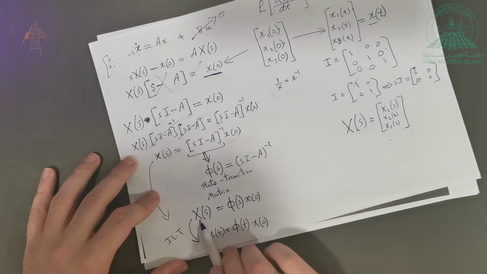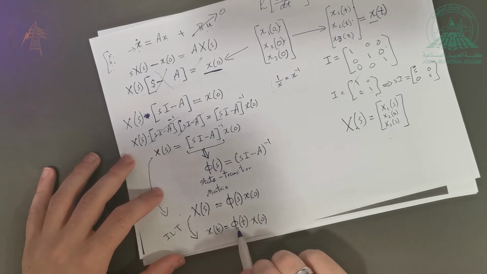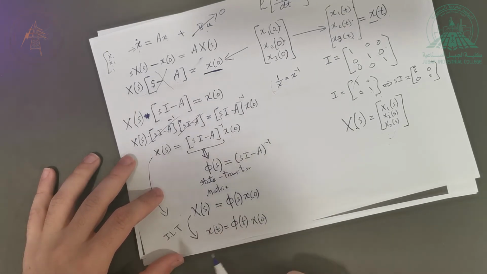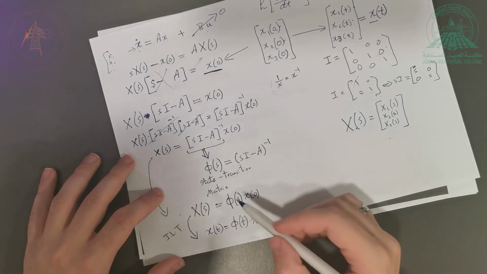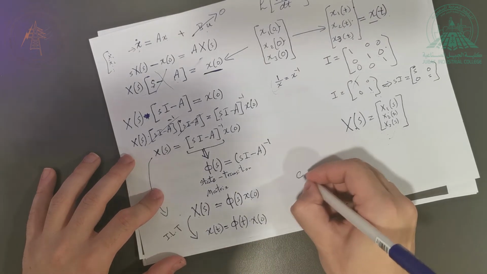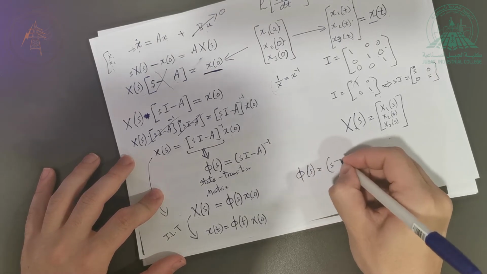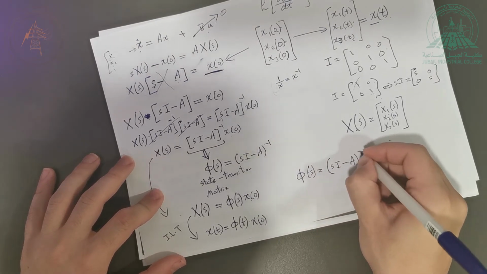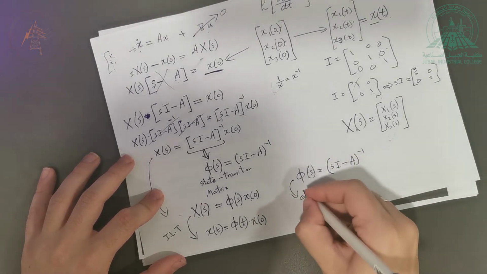Okay, so you can say x of s is equal to phi of s x of 0, or x of t equals phi of t x of 0. Well, we know phi of s is equal to (sI minus A) inverse. It means what is phi of t?